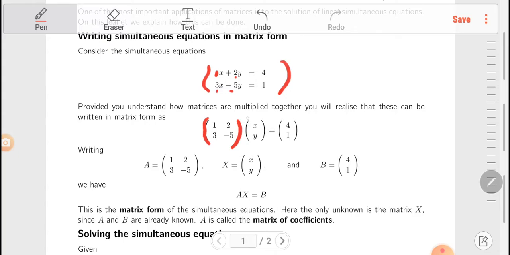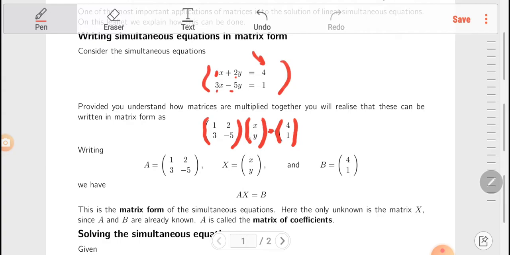Multiply this matrix by one matrix containing two rows and one column, with x and y, the two variables we want to find, and make the product equal one matrix containing two rows and one column, which contains the free terms, 4 and 1.